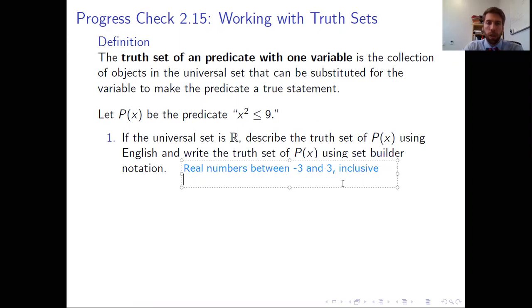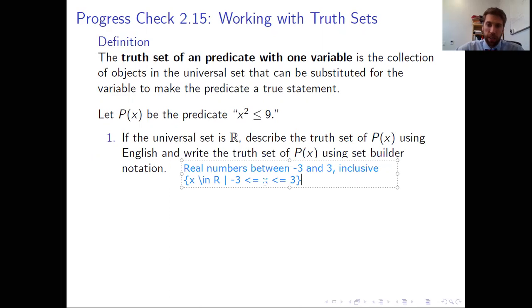Okay, and then set builder notation might be -3. No, I need x in R. If I were in Microsoft Word, the /in would have turned into the right symbol. -3 less than or equal to x less than or equal to 3.